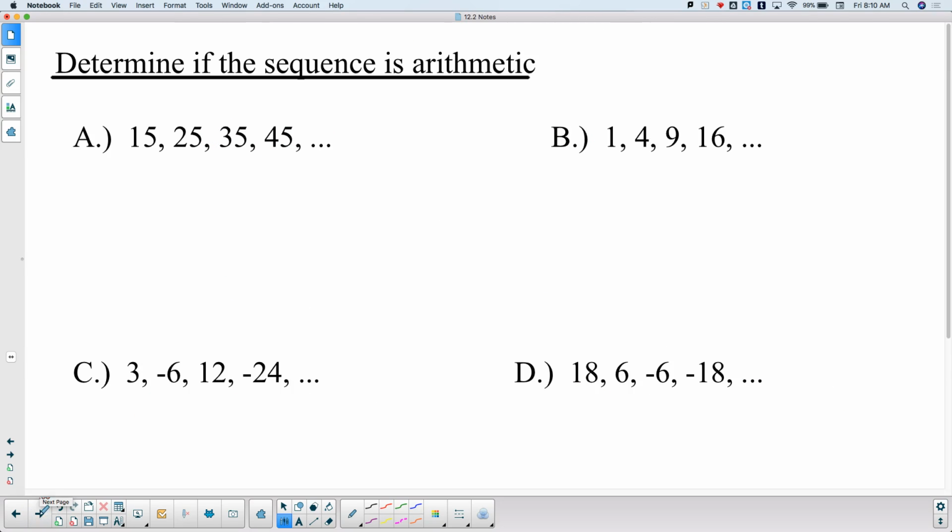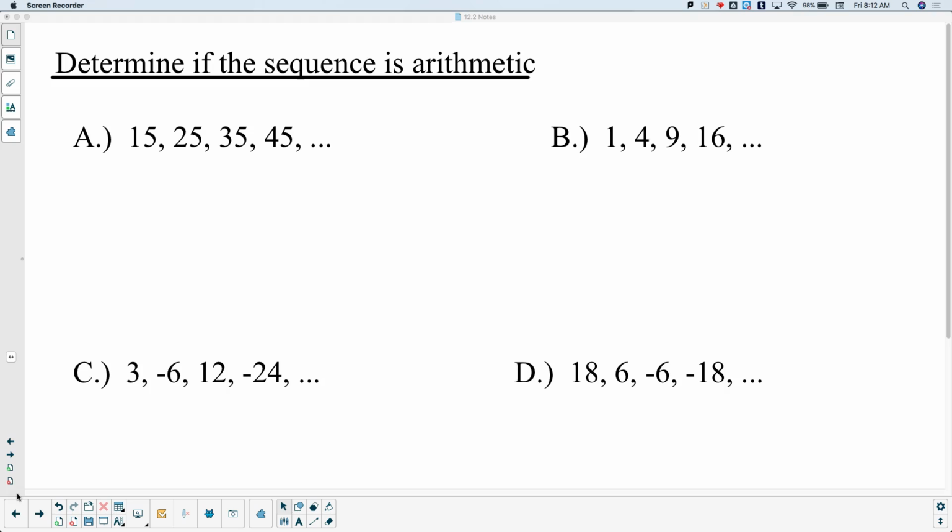With that being said, I would like you to determine if this sequence is arithmetic. And if it is arithmetic, tell me what the common difference is. That's what that number is called, the common difference. First one, arithmetic, not arithmetic?